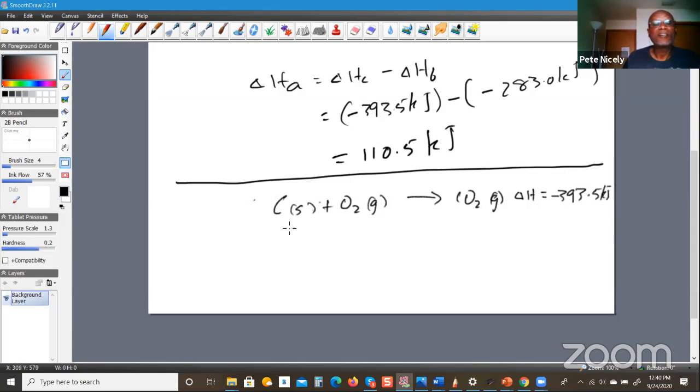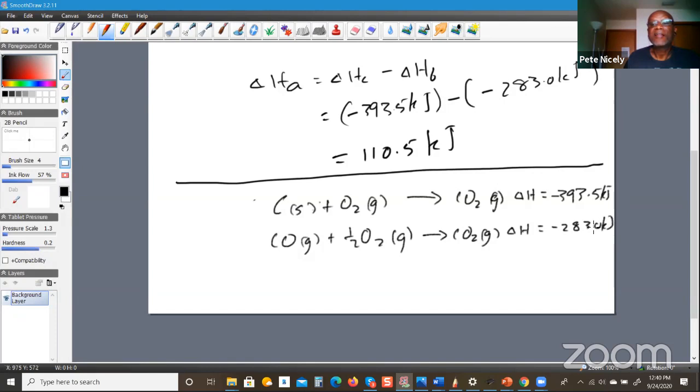And then for carbon monoxide gas plus half O2 gas to give carbon dioxide gas, delta H for this would be equal to minus 283.0 kilojoules.